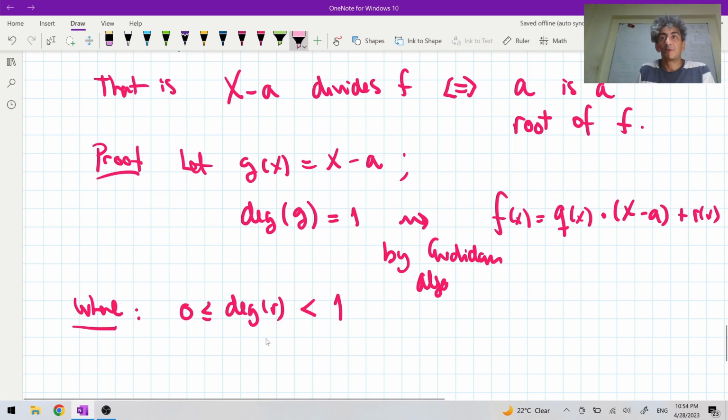But if the degree is strictly less than 1, this means that r is a constant.